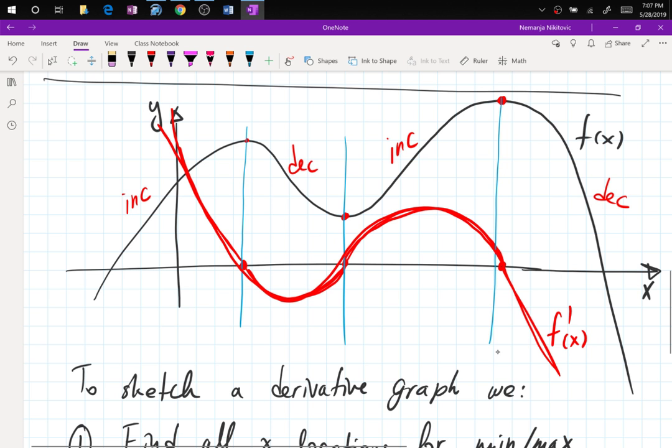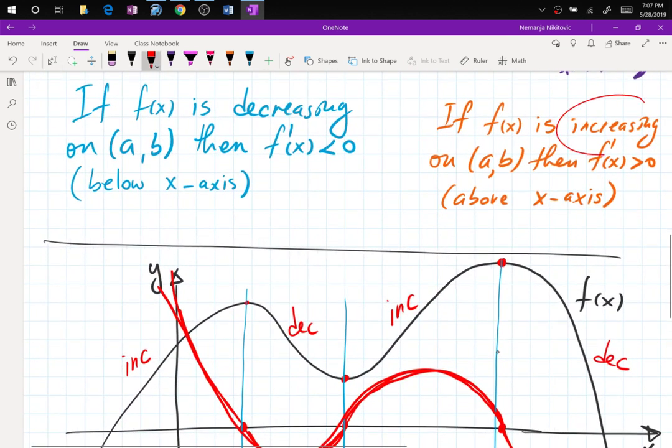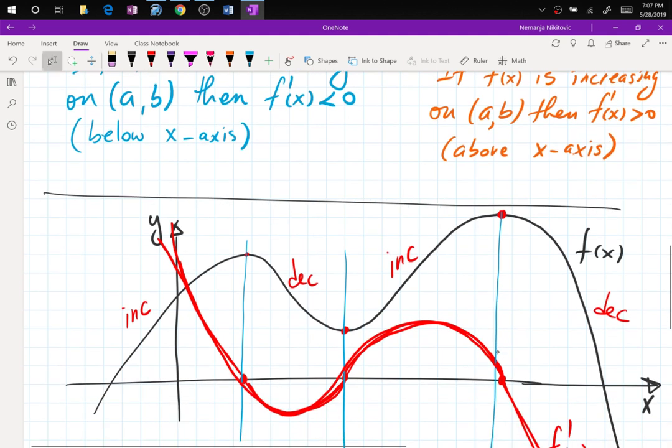The rule that we are using is that the derivative is positive if the function is increasing. We do not worry about increase or decrease of the derivative. Obviously, it has to be positive.